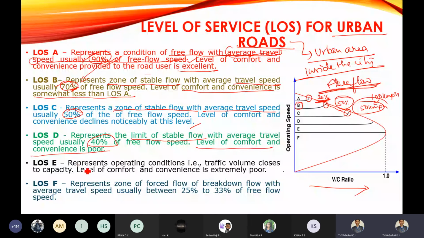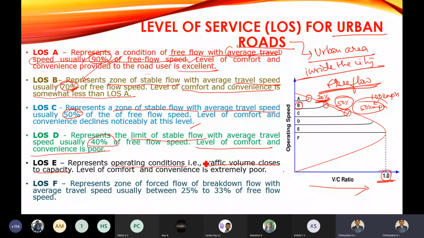Then level of service E represents the operating condition with traffic volume closest to capacity. So at level of service E, it will be very close to capacity. We can say that V is equal to C, that is, if the volume is equal to capacity, the ratio is equal to 1.